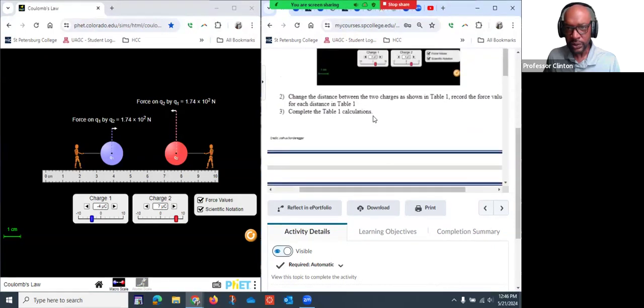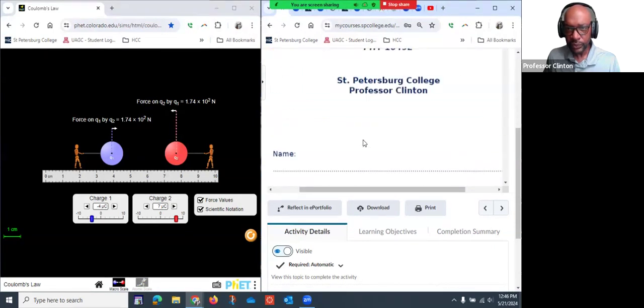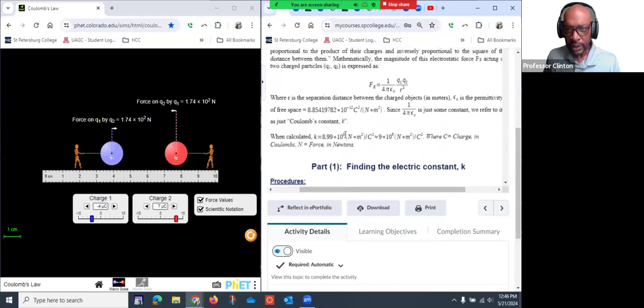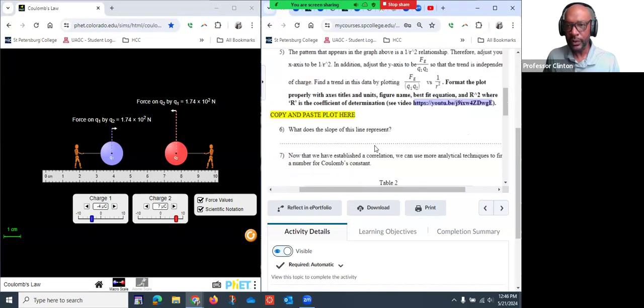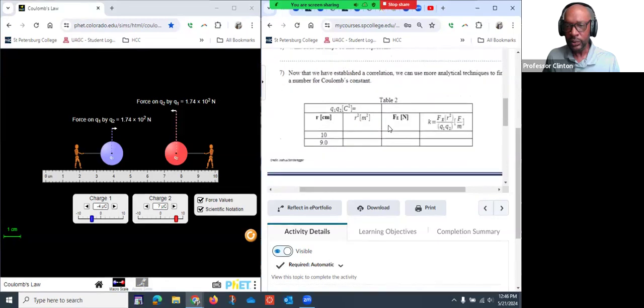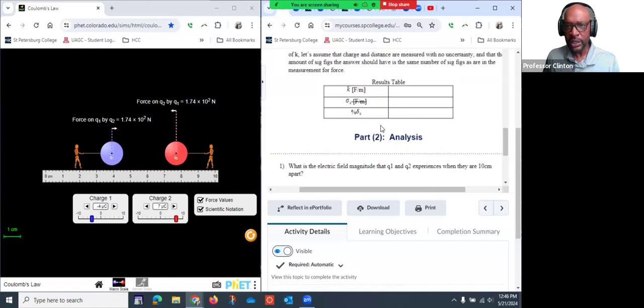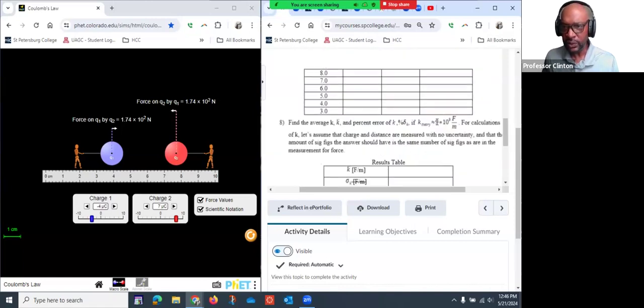We can also measure it to be in newtons meter squared divided by Coulomb squared. Okay. And so down here, it's just going to be one big number as long as you're in SI units. So the number that you'll get here should be pretty close to that 9 times 10 to the 9th.